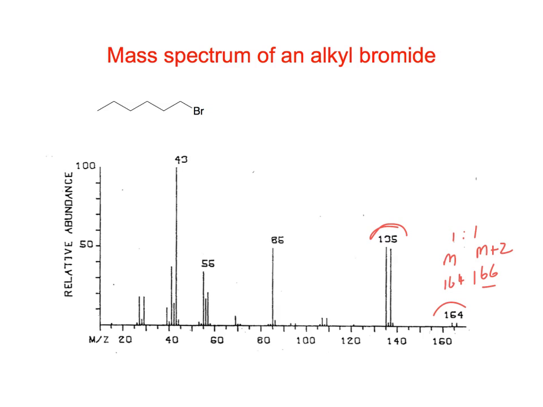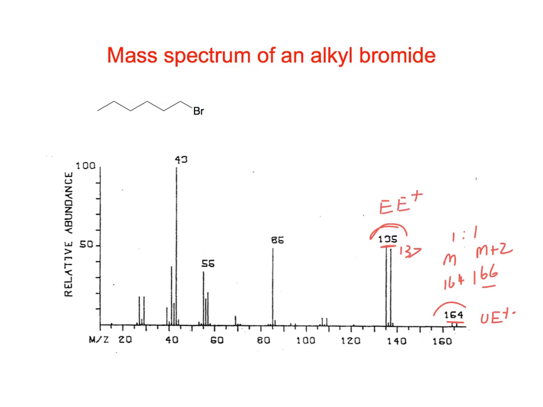We notice that 135 and 137 are fragment ions. Right? Notice we've gone from an even mass to an odd mass because we've gone from an odd electron ion to an even electron ion.